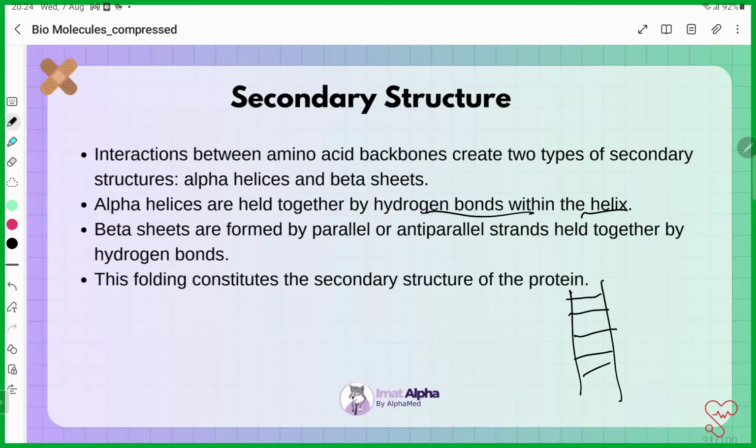So the moment you see the word helix, remember hydrogen bonds. Beta sheets are formed by parallel and anti-parallel strands held together by hydrogen bonds. This folding constitutes the secondary structure of the proteins. So beta sheets and alpha helices both have hydrogen bonds.